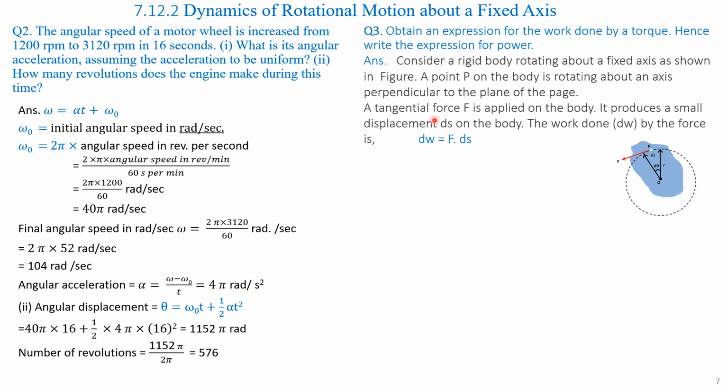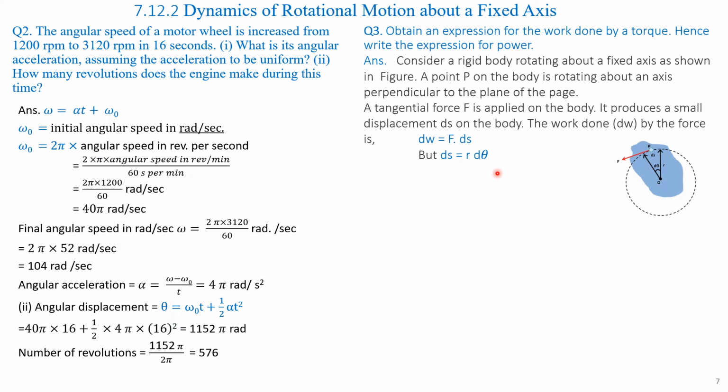A tangential force F is applied on the body. It produces a small displacement ds on the body. The tangential force, shown in the red arrow, is applied. The work done dW by this force is dW is equal to F dot ds.